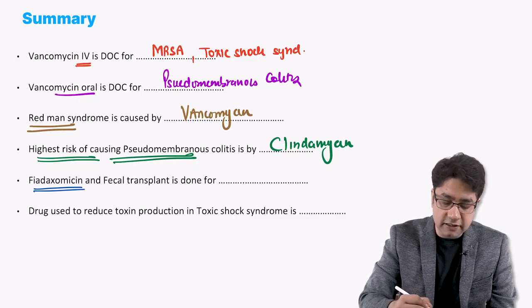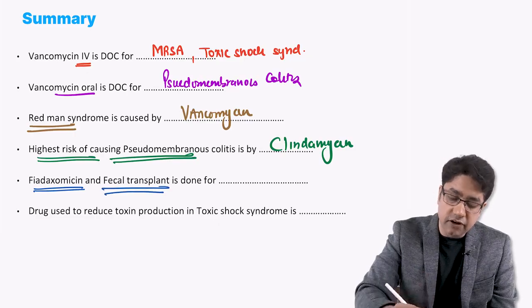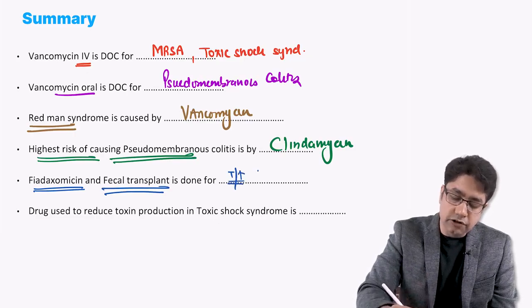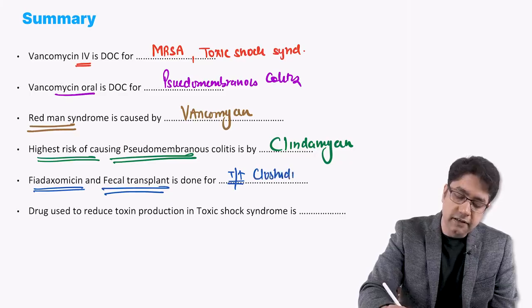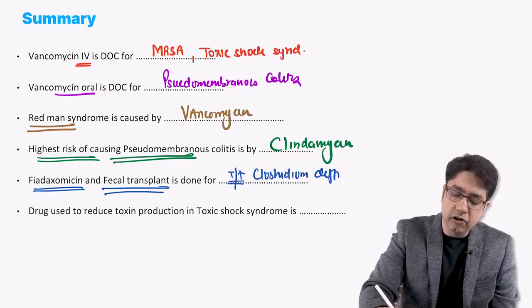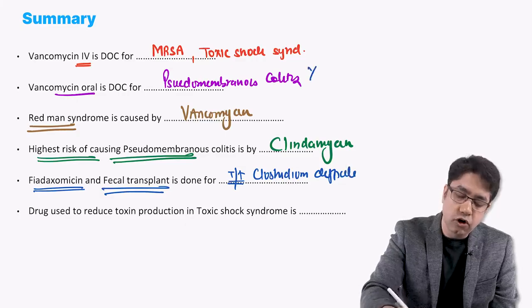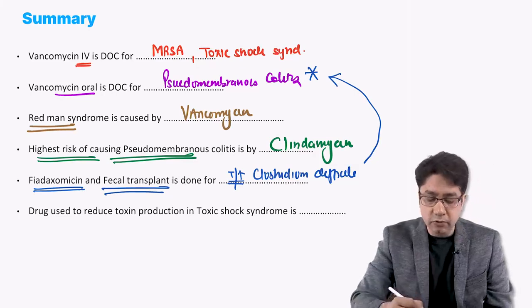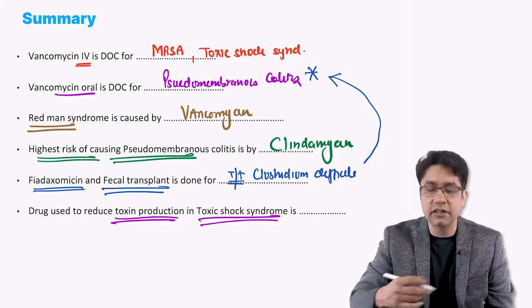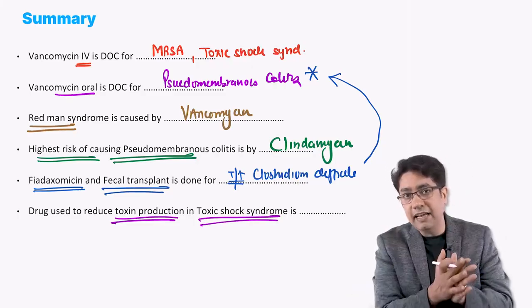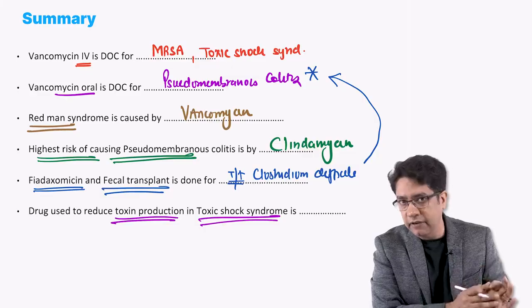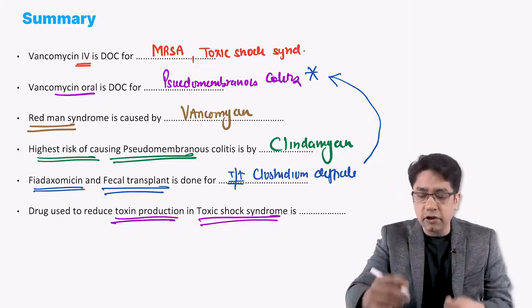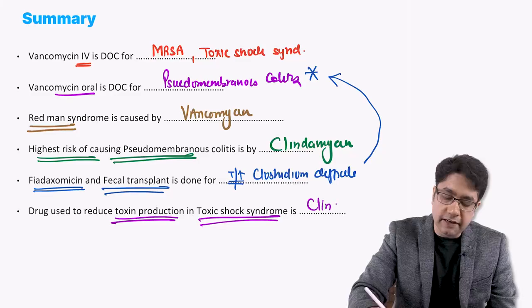Fidaxomicin and fecal transplantation are done for the treatment of Clostridium difficile infection. Clostridium difficile, we all know, causes pseudomembranous colitis. Drug used to reduce toxin production in toxic shock syndrome: to kill bacteria in toxic shock, we give IV vancomycin. To reduce toxin production, we give clindamycin.